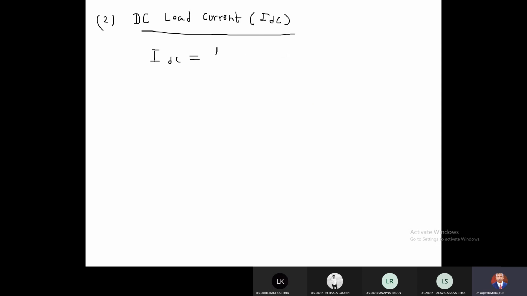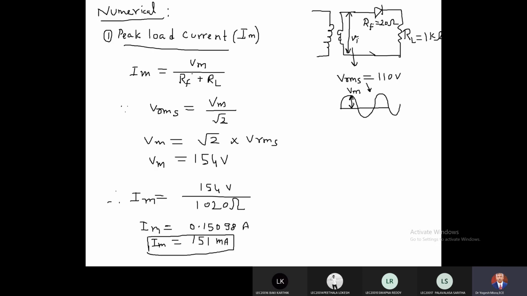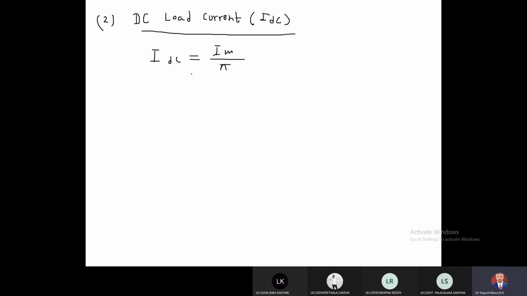IM we have already calculated, 151 milliampere divided by pi.